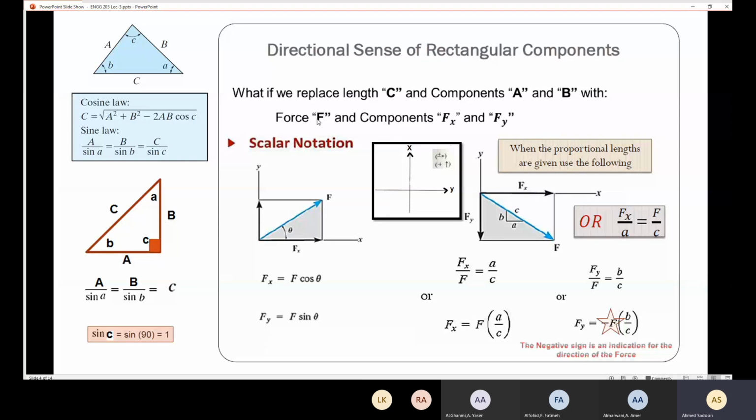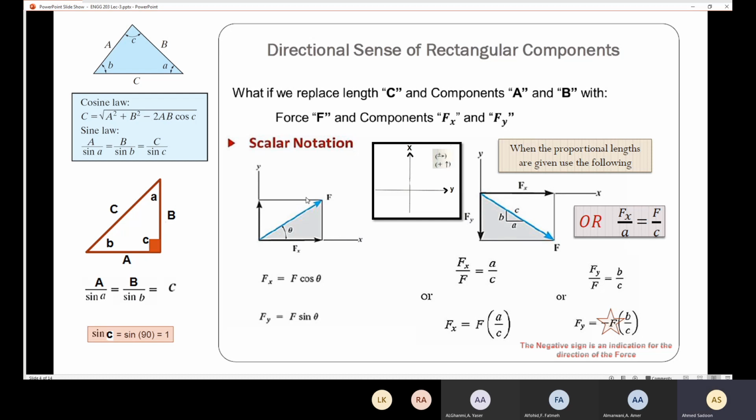Since we have C, A, and B, and here we are going to use the scalar notation, which means that we are going to deal with rectangular components. The triangle here is similar to that one, which means the angle here is going to be 90 degrees.